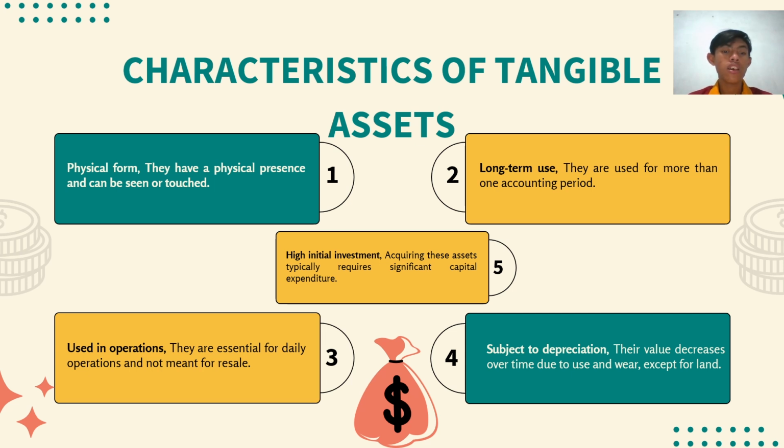They are essential for daily operation and not meant for resale. 4. Subject to depreciation. Their value decreases over time due to use and wear, except for land. And 5. High initial investment. Acquiring this asset typically requires significant capital expenditure.